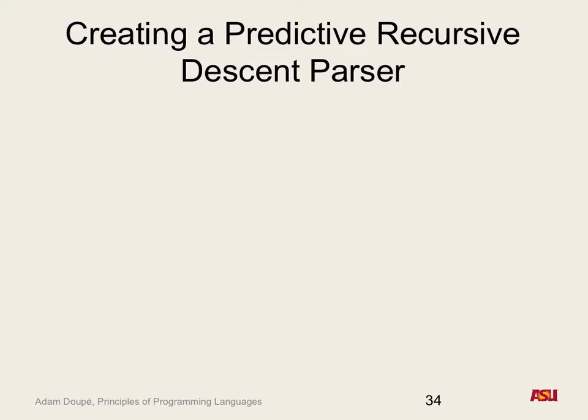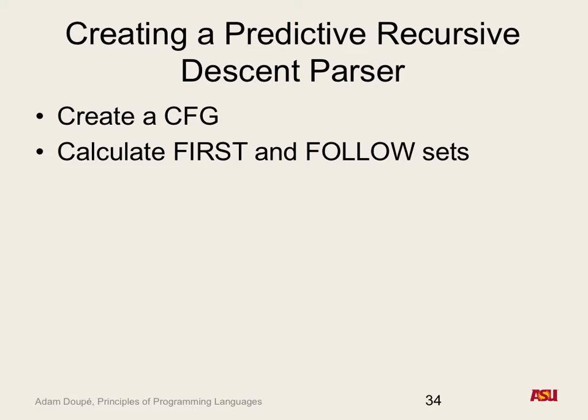Okay. Now we get to the grand finale where we can actually write a predictive recursive descent parser, and we're going to write that using first and follow sets. So the first thing we need is a context-free grammar. We're parsing, so we need some kind of context-free grammar.